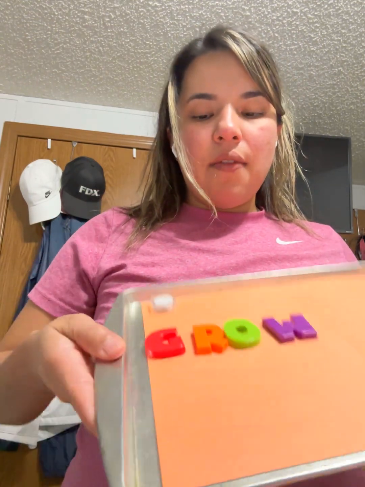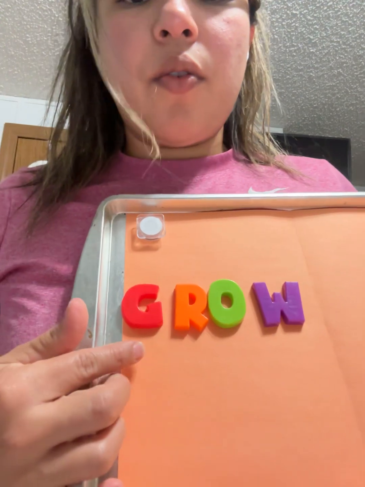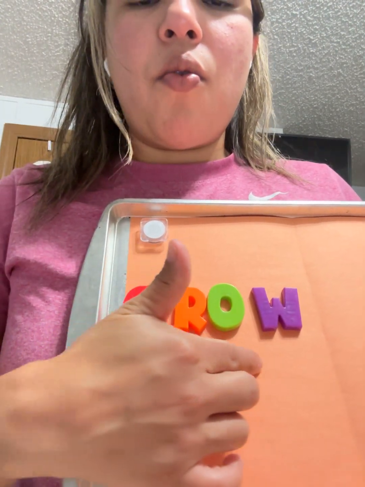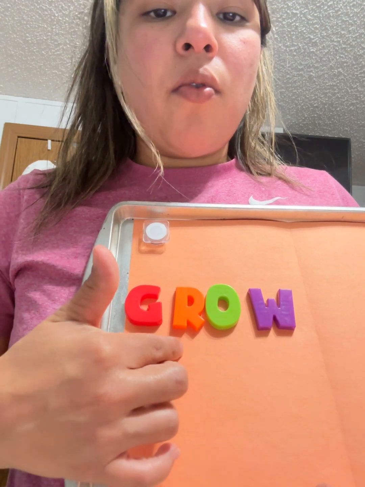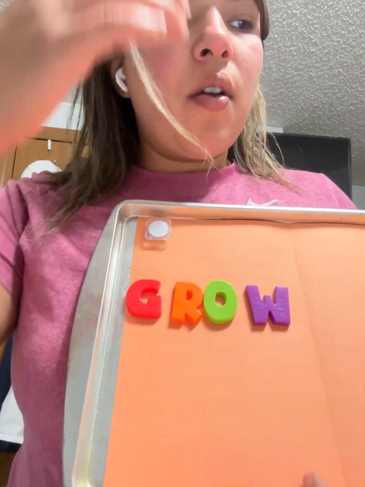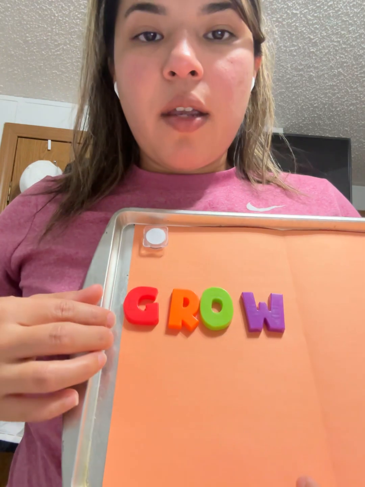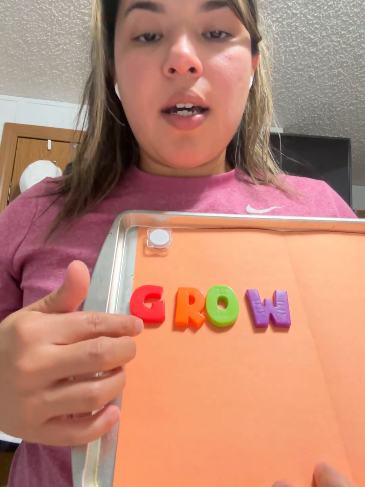We have the word grow. Let me get rid of some of these. Okay, so we have the word grow. G, row. And we are going to take away the G sound.